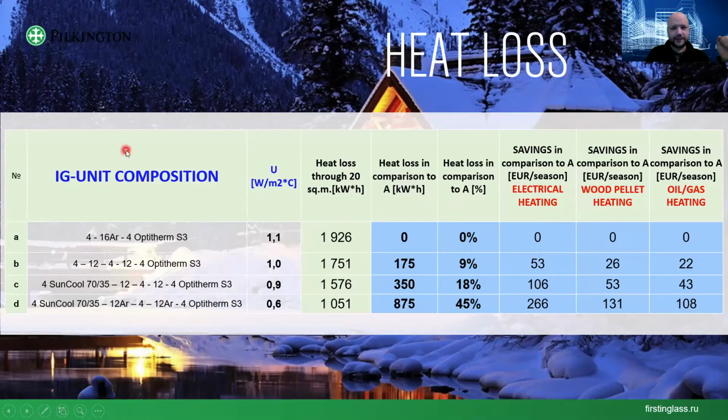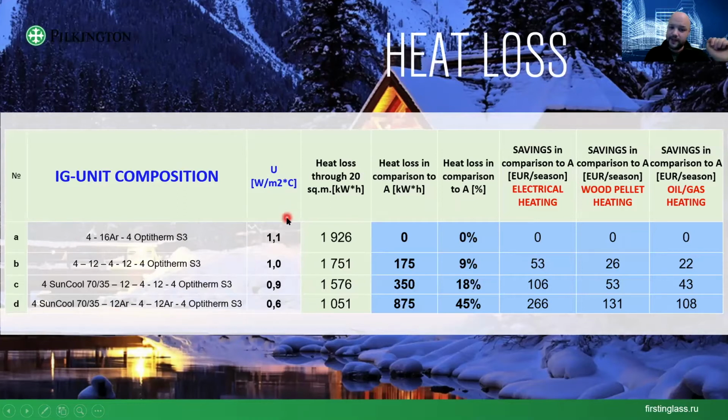The comparison here is quite easy, and the mathematics also quite easy. So you have different IG unit compositions, starting from a double IG unit with argon and low E, and ending with a triple IG unit with 2 coatings and argon also attached.